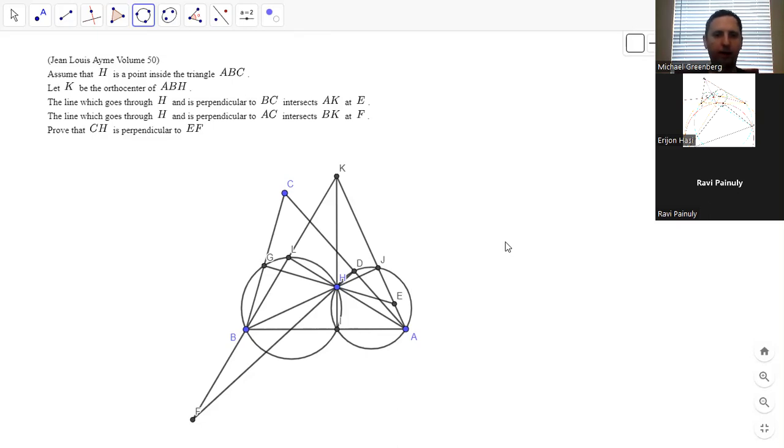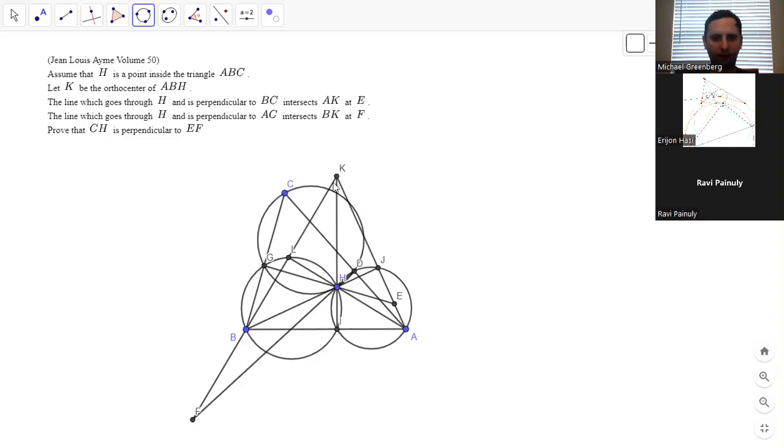Can we use the radical axis theorem somehow? I guess it's kind of obvious that this is cyclic, right?